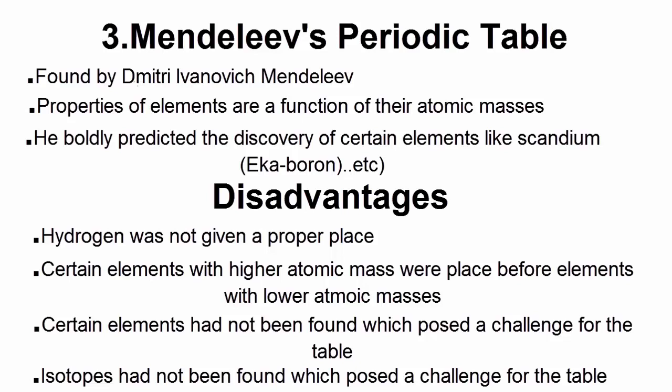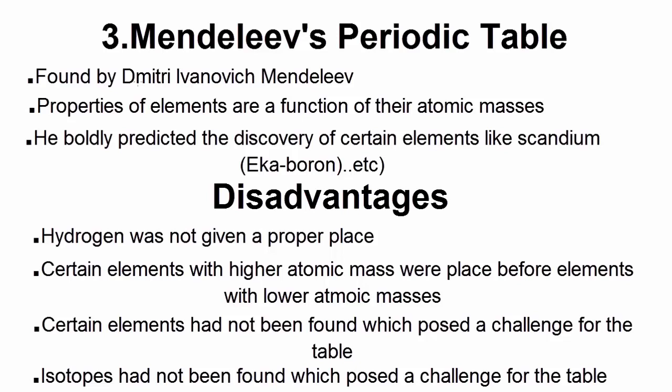And finally, you have hydrogen. Hydrogen was not given a proper place in the periodic table. And finally, isotopes. Isotopes were not known during his time, and when they were known, they posed a challenge to Mendeleev's periodic law.